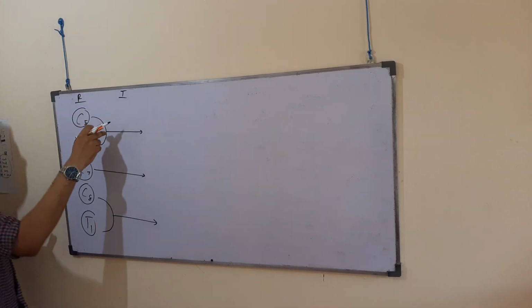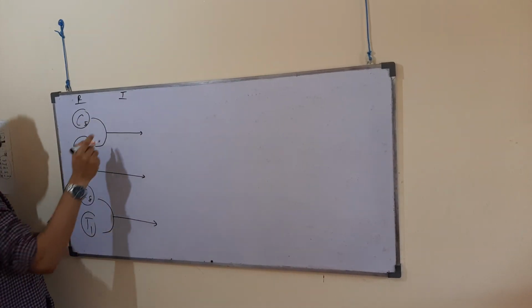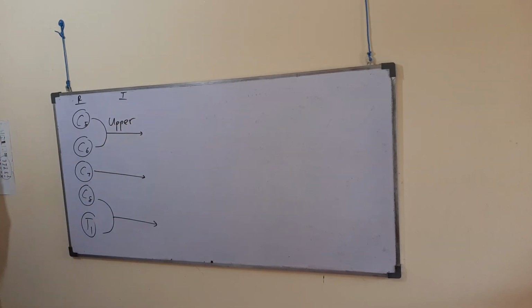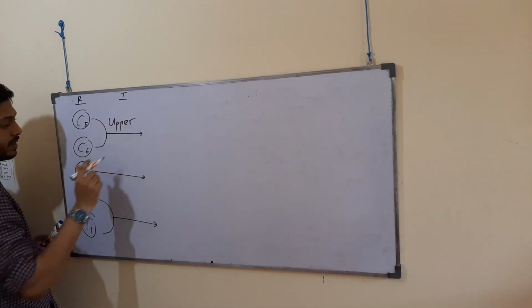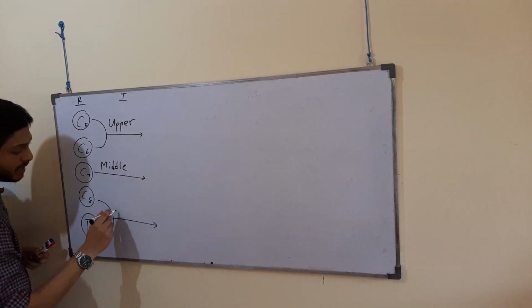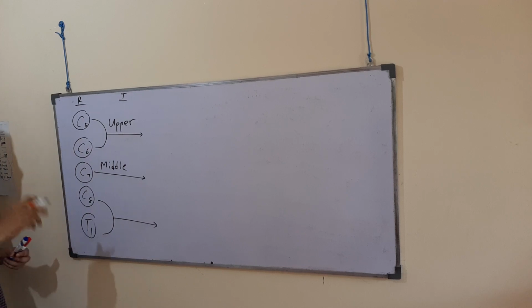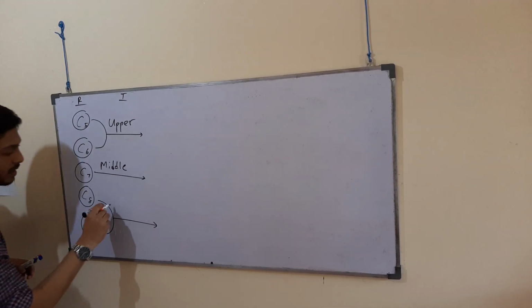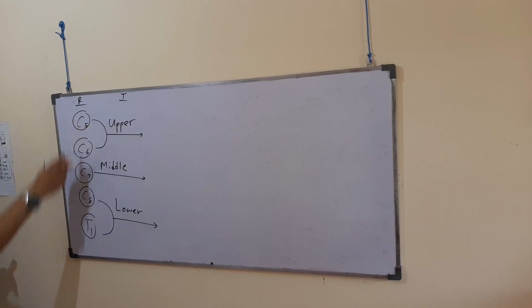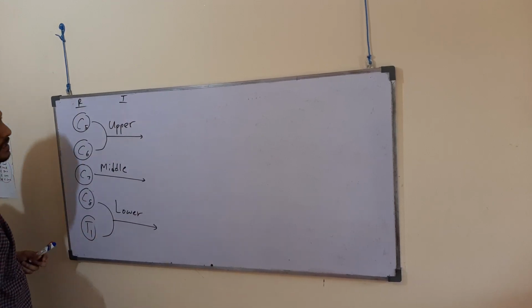Since the first is higher, we call it the upper trunk. Here we call it the middle trunk, and this is the bottom trunk, the inferior trunk, or the lower trunk. So these are the roots and these are the trunks of the brachial plexus.